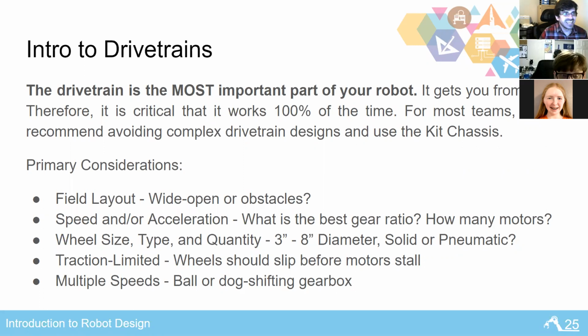No. So mechanism is a style of wheel, for those of you that don't know, that allows you to go sideways. It works really well in FTC. FTC is not the same. It really reduces your traction on the field.